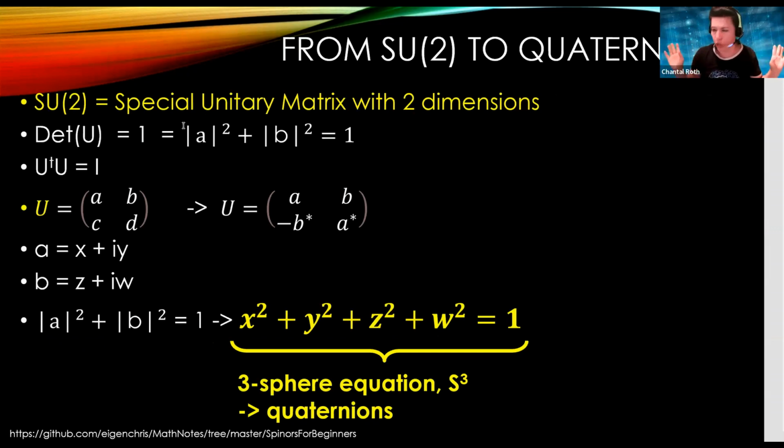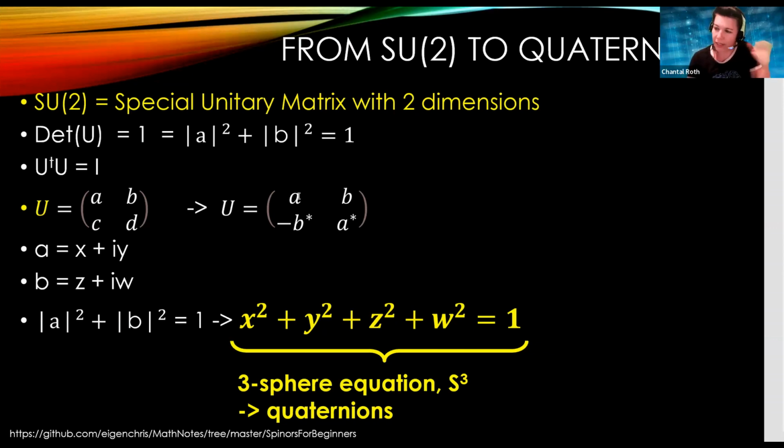Now, let's say we didn't know what U was at all. Let's just call it A, B, C, and D. We have no idea. So we apply these conditions, and we very quickly come to a conclusion. There are a few steps, but it's not difficult. This is what U has to look like. So you have only A and B now. Now remember, A and B are both complex numbers.